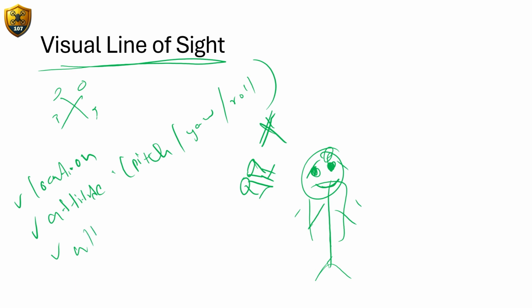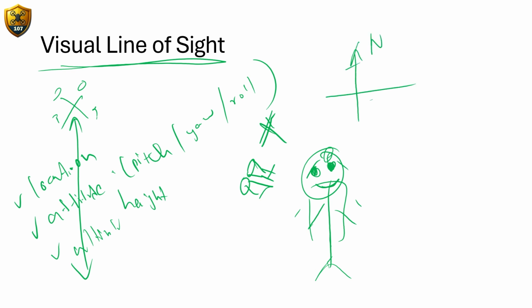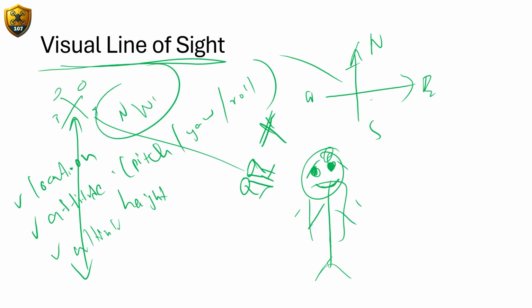Altitude means the height above ground level. You also need to know the direction of flight, north, east, south, and west, and it may be northwest. You should be able to determine the direction of flight as well.